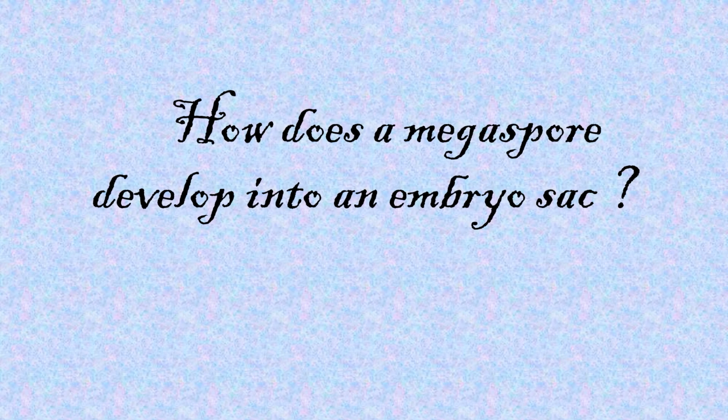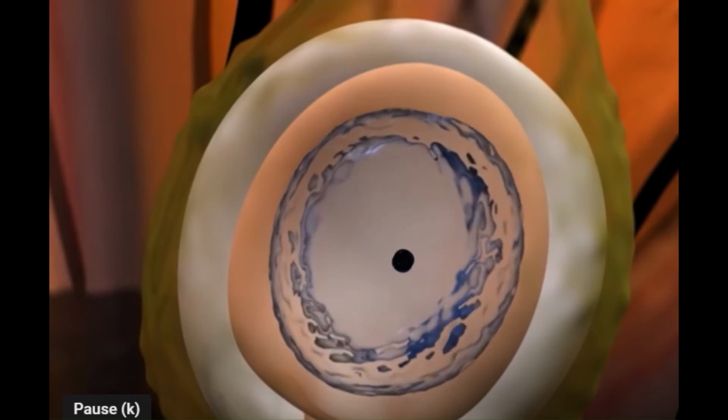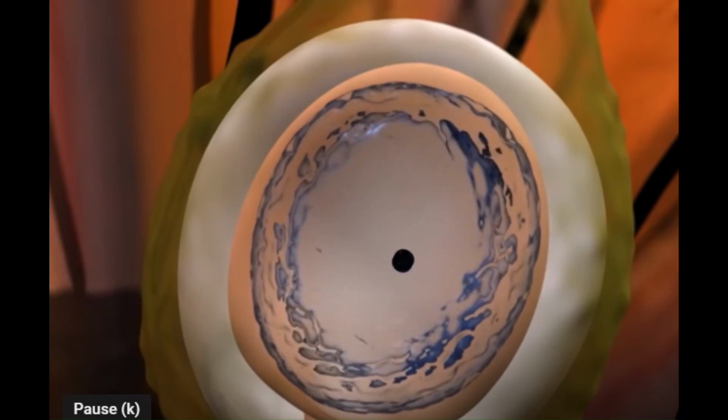How can a megaspore develop into an embryo sac which consists of 7 cells? As we have discussed in the earlier slides, the embryo sac consists of 7 cells, right? So how does it become from 1 cell into 7 cells? Let's look into a video for a clearer vision. The surviving megaspore expands and undergoes 3 rounds of mitosis to produce 8 haploid nuclei.